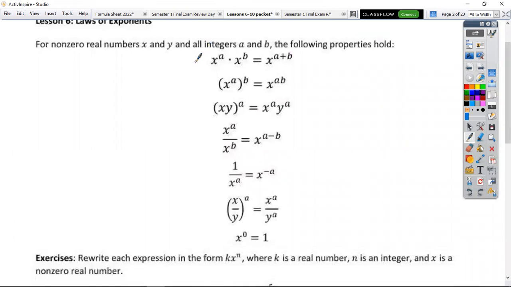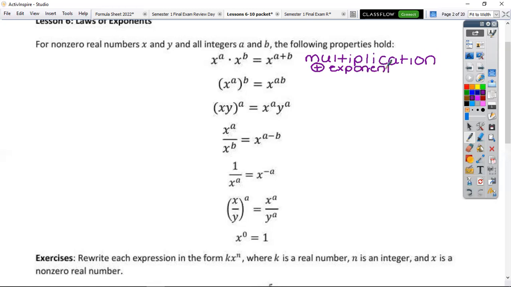So what you're going to do with multiplication is you're going to add the exponents. So multiplication means add exponents.